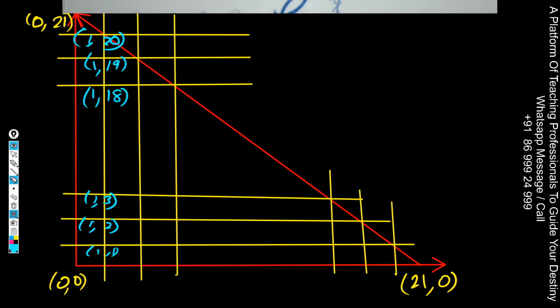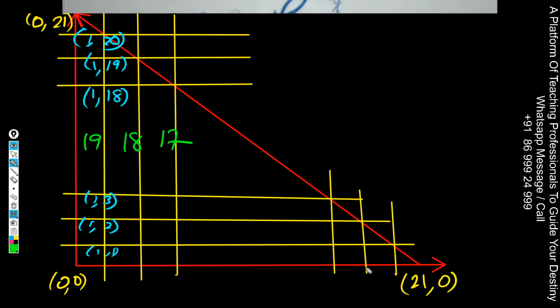For x equal to 1, these are 19. For x equal to 2, this will be 18. For x equal to 3, this will be 17.